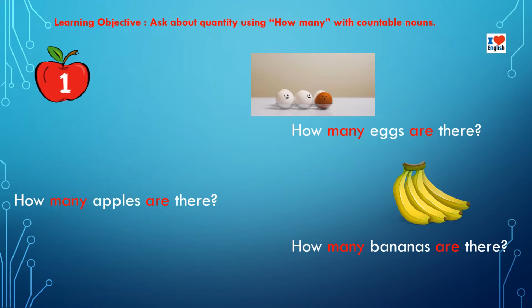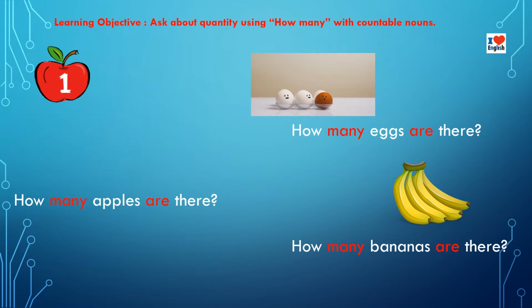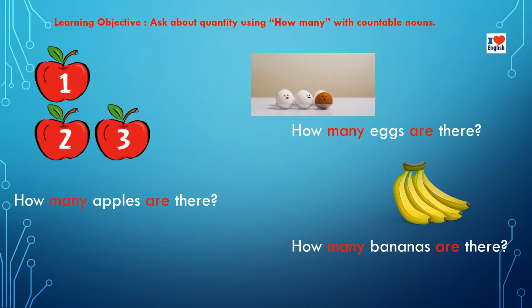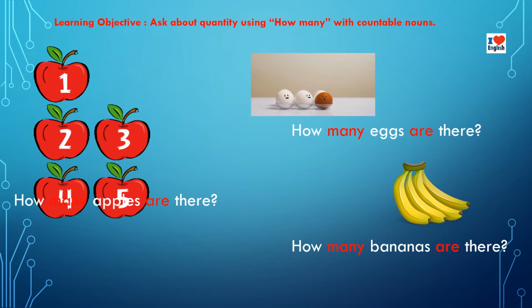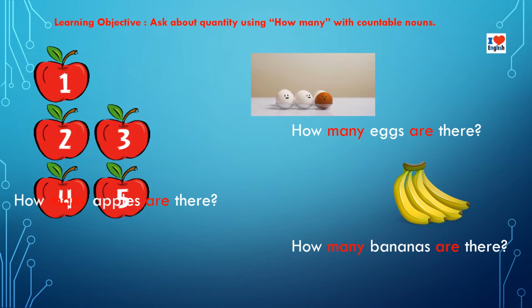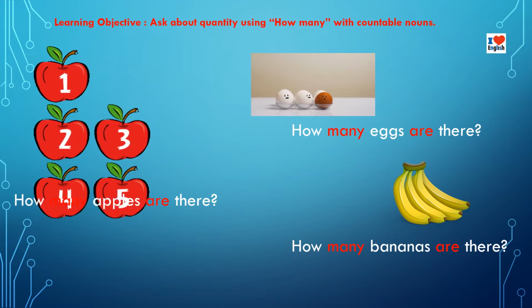There are 4 bananas. So the first thing we can say is that all of these nouns are countable nouns. A countable noun is a noun that is a separate object that we can count, and it can exist in the singular or the plural form. So we can say 1 banana, and also we can say 4 bananas.